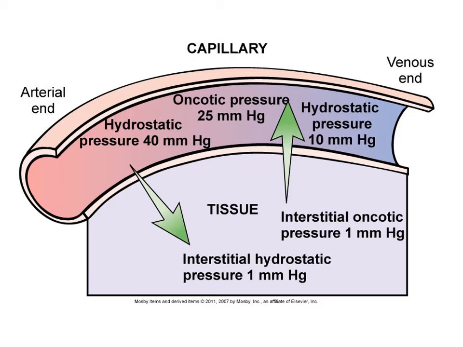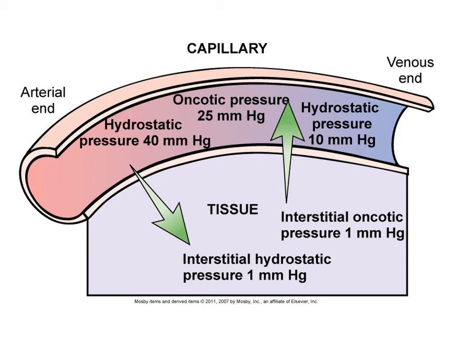Well, the oncotic pressure from albumin is always going to be the same. It's 25, okay? Because albumin isn't changing in the capillary. It's staying there. It's not changing its amount. So it's always going to have an oncotic pressure to come back into the capillary of 25. Okay, so since the hydrostatic pressure is 40, it's going to allow fluid to go into the tissue, the interstitial tissue.